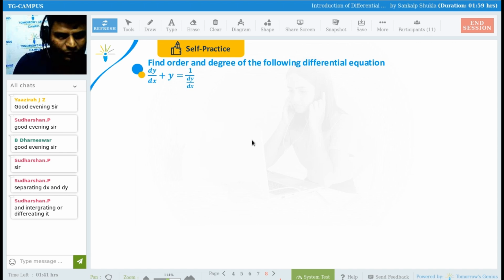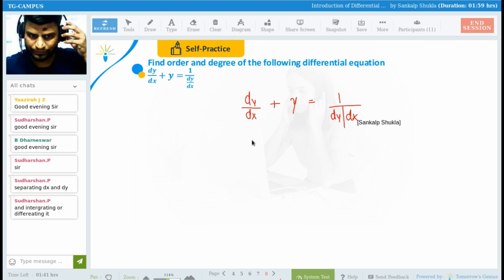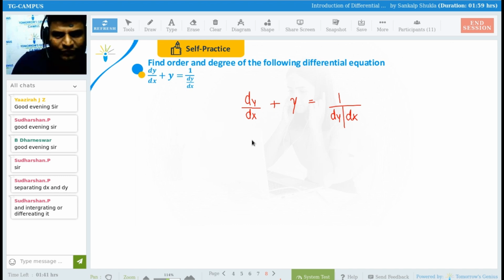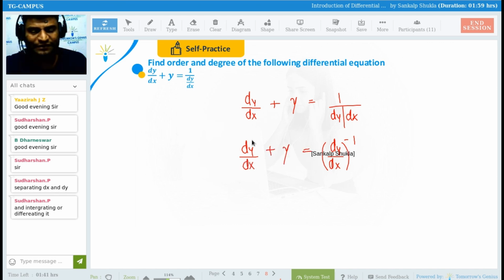See, what is the case here? We can write 1 upon dy by dx as dy by dx raised to the power minus 1. Can we write like this? dy by dx plus y is equal to dy by dx raised to the power minus 1, right?